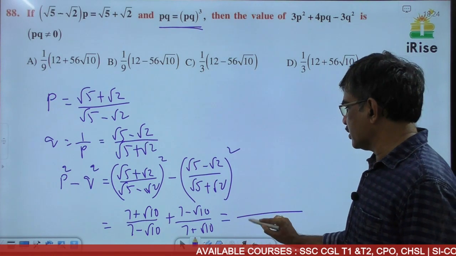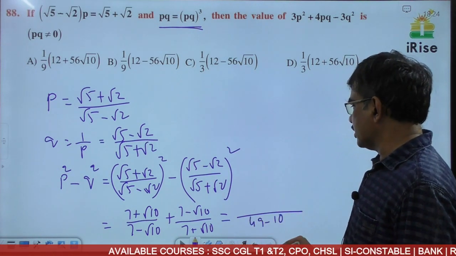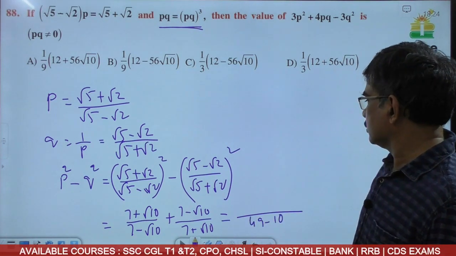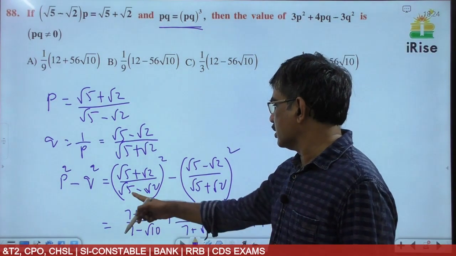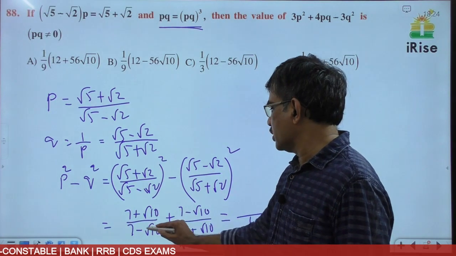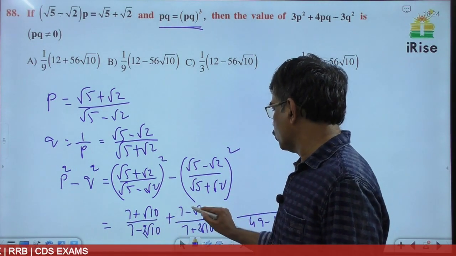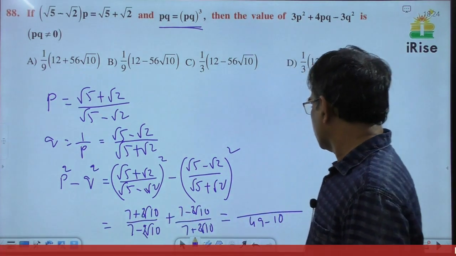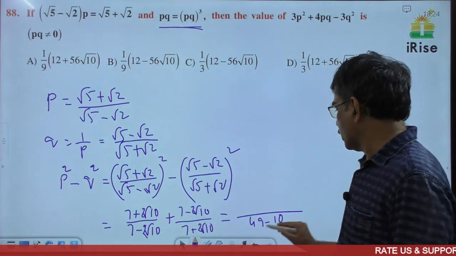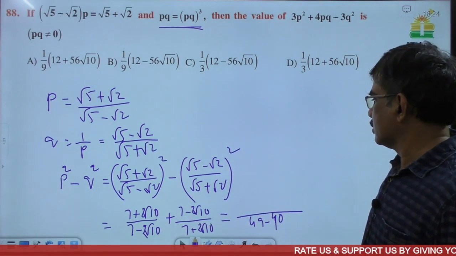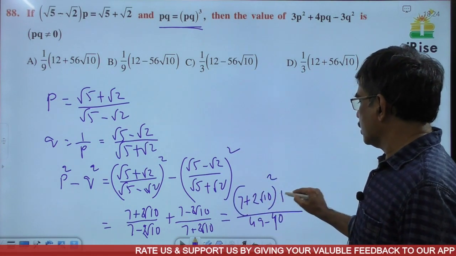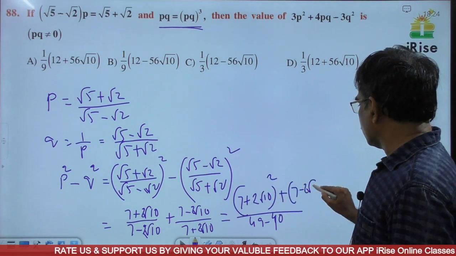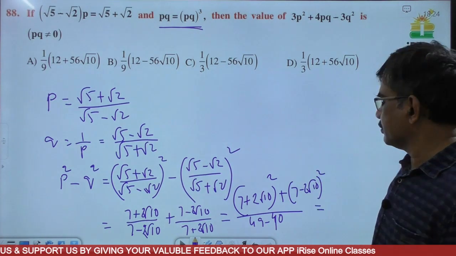So the denominator is 49 minus 10, sorry, 2 root 10, a square plus b square minus 2ab, 2 root 10... 4 into 10 is 40. This value is 40. We get (7 plus 2 root 10) whole square plus (7 minus 2 root 10) whole square in the numerator.